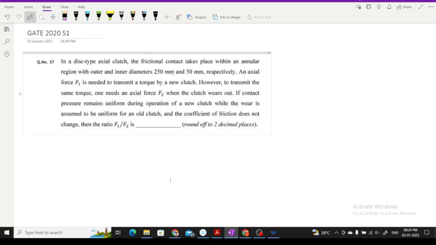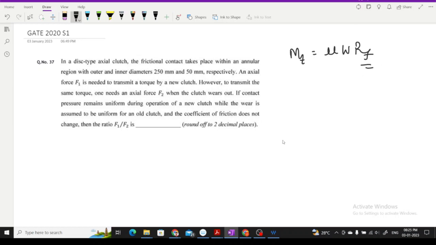Sir, wear is assumed to be uniform means it means you need to consider uniform wear. So we have actually written that equation in terms of mu W R_F, remember? And then R_F was for uniform pressure and uniform wear, if you recall it.